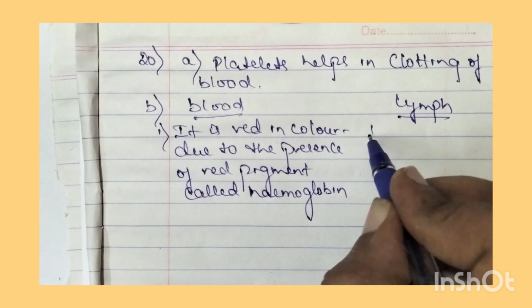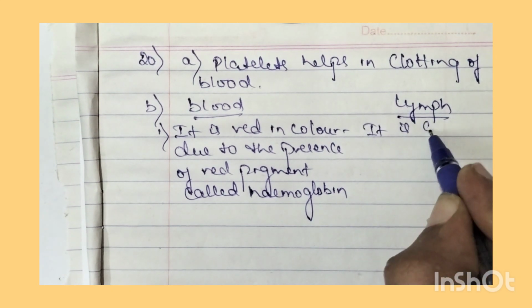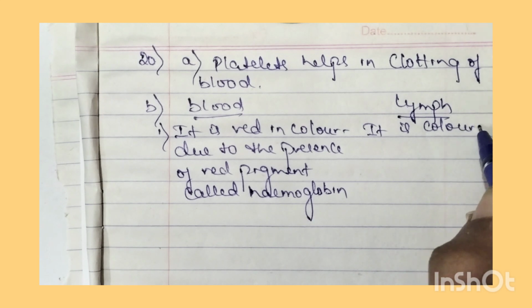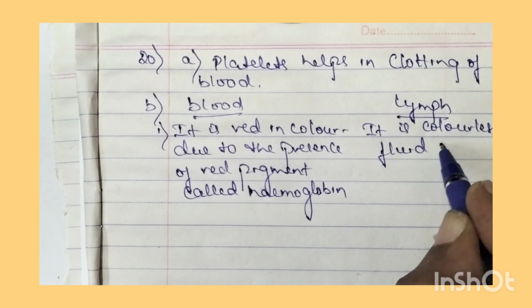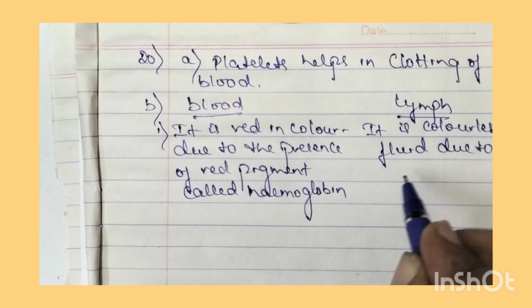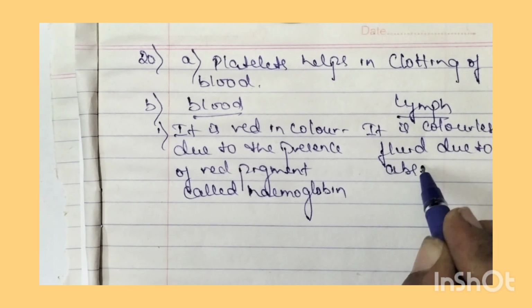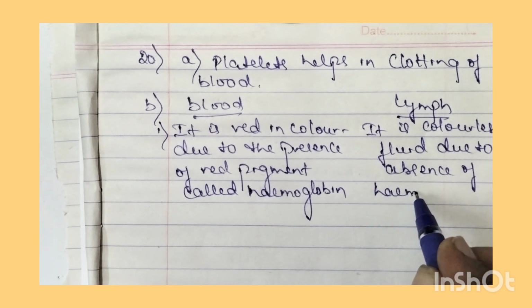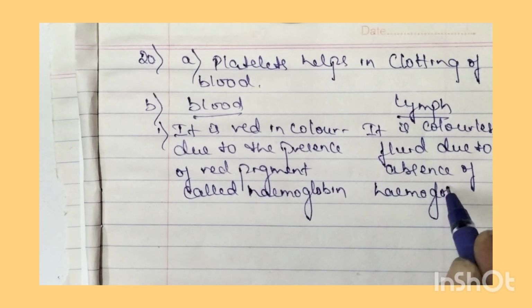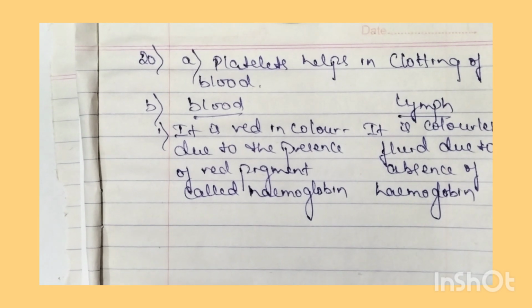Next, lymph is a colorless fluid due to the absence of hemoglobin. This is the first difference.